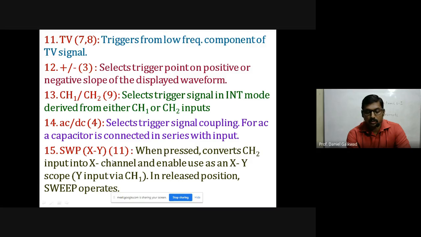Input to the X channel means we give channel 2 to X or horizontal deflection, and channel 1 to Y input. Via channel 1 means channel 1 is given to Y input and channel 2 is given to X input. And when these two overlap with each other, then a special shape is obtained on screen.